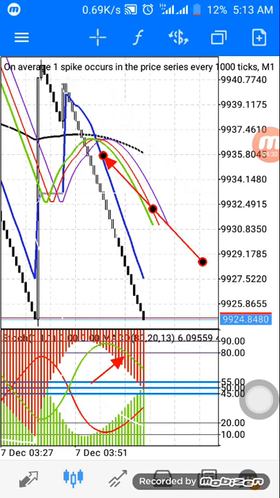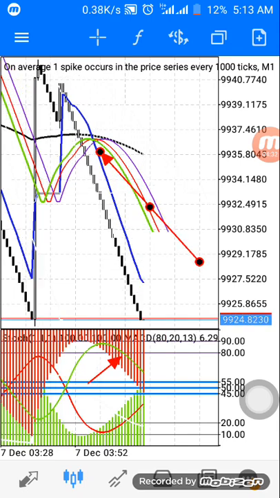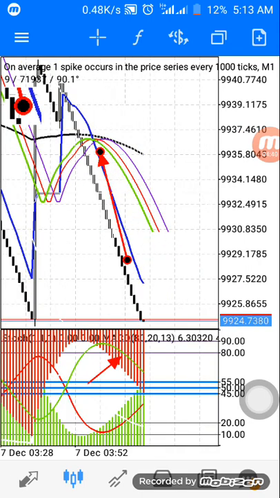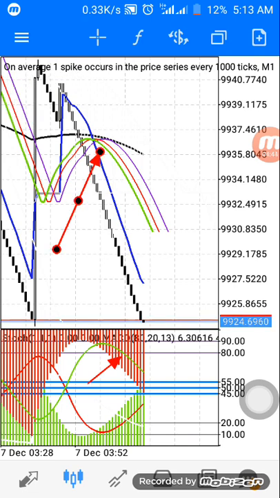Remember that the thick blue line is the Ichimoku. But we enter when there is a cross on the other indicator, the three lines here, the alligator.